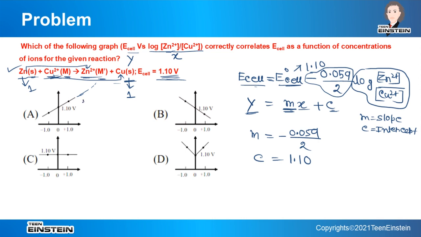So this is positive slope. So this is not the correct option. Okay, and here also the intercept is 1.1, because it is cutting the y-axis at the value 1.10. So this is not the correct option, though the intercept is fine, but the slope is positive. But in the equation that we have compared with the straight line equation, we have obtained a negative slope. This is negative. Now come to option B. Here the intercept is again 1.10 and here the slope is negative.